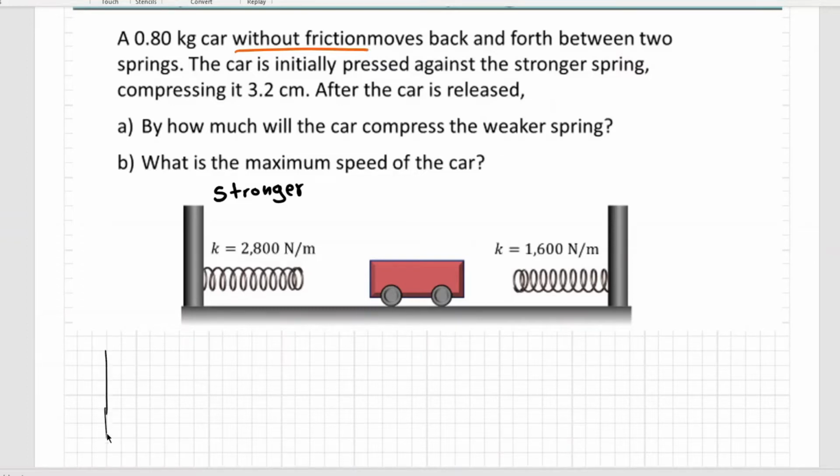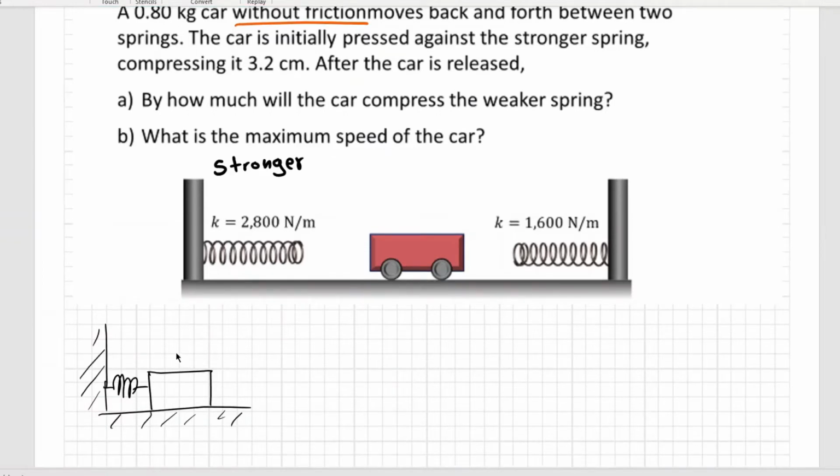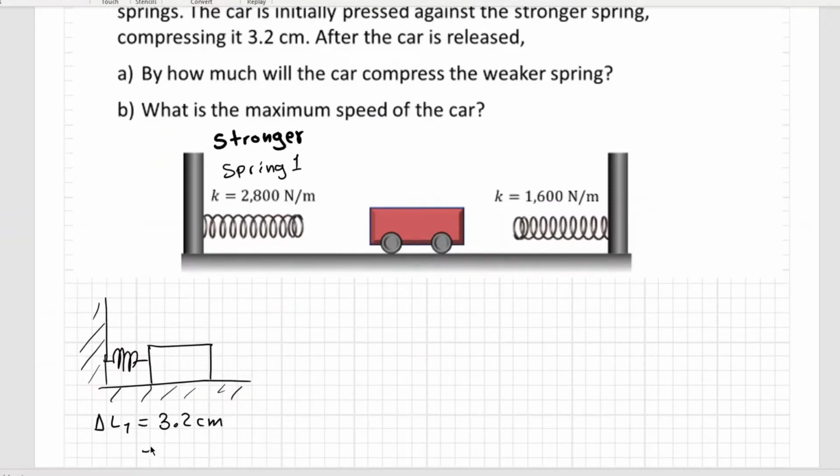So initially, the car is compressed against the spring on the left, and the spring we know is compressed by 3.2 centimeters. So if we call this spring 1, we would have the compression for spring 1 is 3.2 centimeters, which is equivalent to 0.032 meters.